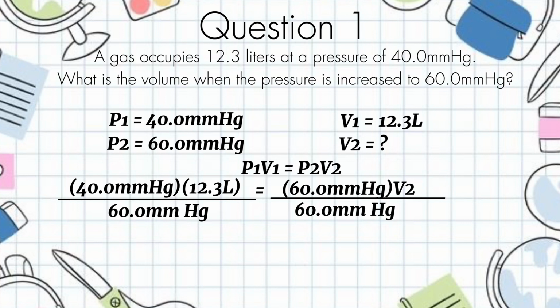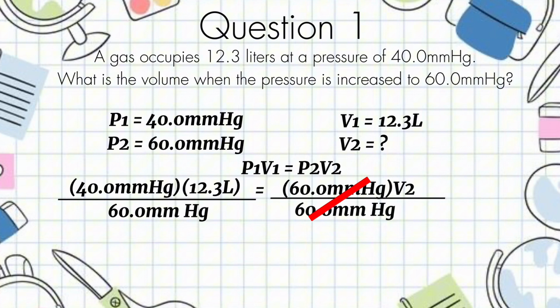Cancel the 60.0 in the second side and we'll have 40.0 millimeters of mercury, 12.3 liters equals V2 over 60.0 millimeters of mercury.